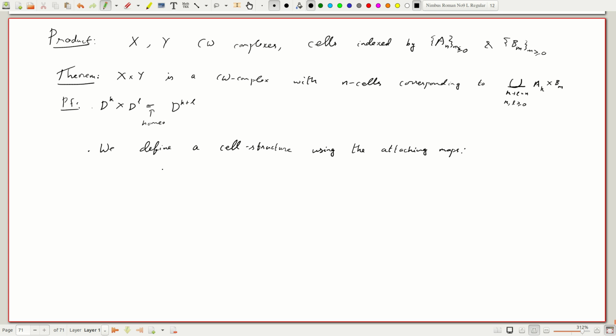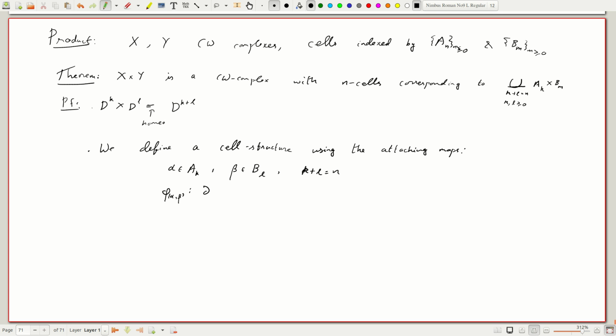So suppose we have an n cell. Okay, so that means that suppose alpha belongs to A_k and beta belongs to B_l, and k plus l is n. We are going to attach an n cell. Okay, so we want to define phi, let's call it phi_(alpha,beta). So it's pairs which form n cells, even the pair alpha, beta.